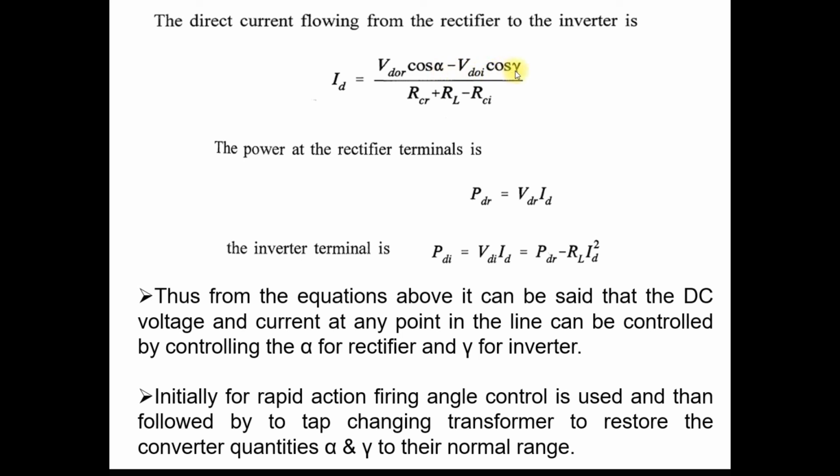Alpha and gamma are both controlled in a rapid manner by the converter control circuit: the rectifier controls alpha, the inverter controls gamma. First we control alpha and gamma to control ID by rapid firing angle control, and after that we use the tap changing transformer. Tap changing transformer and firing angle control are complementary.